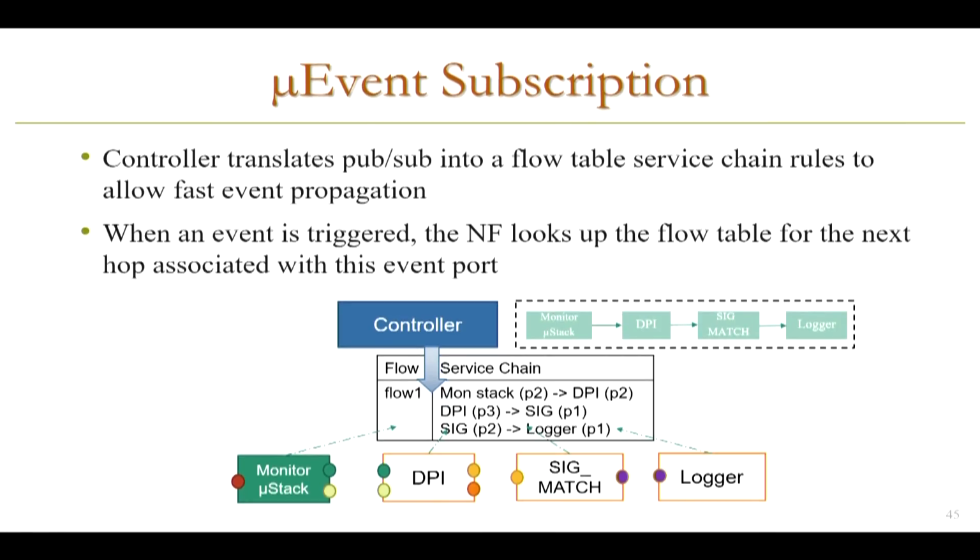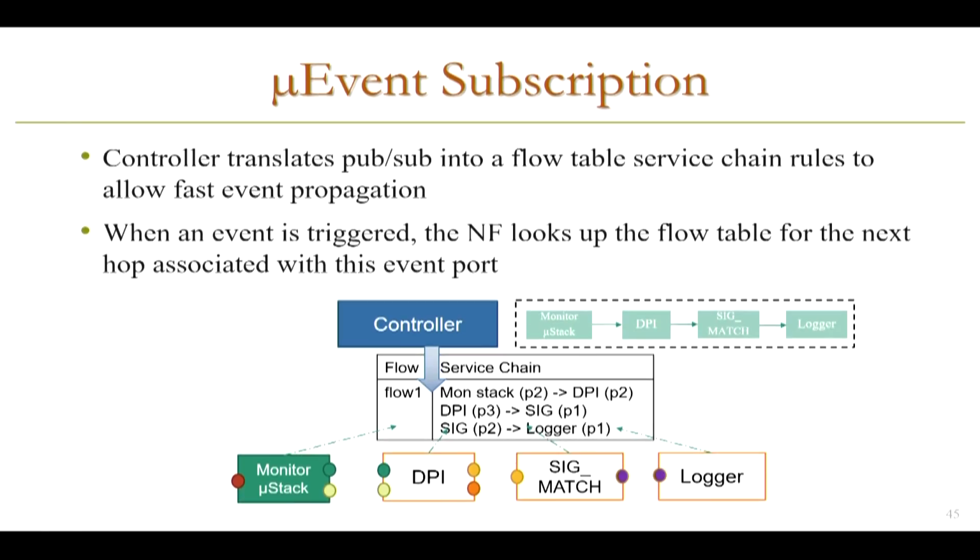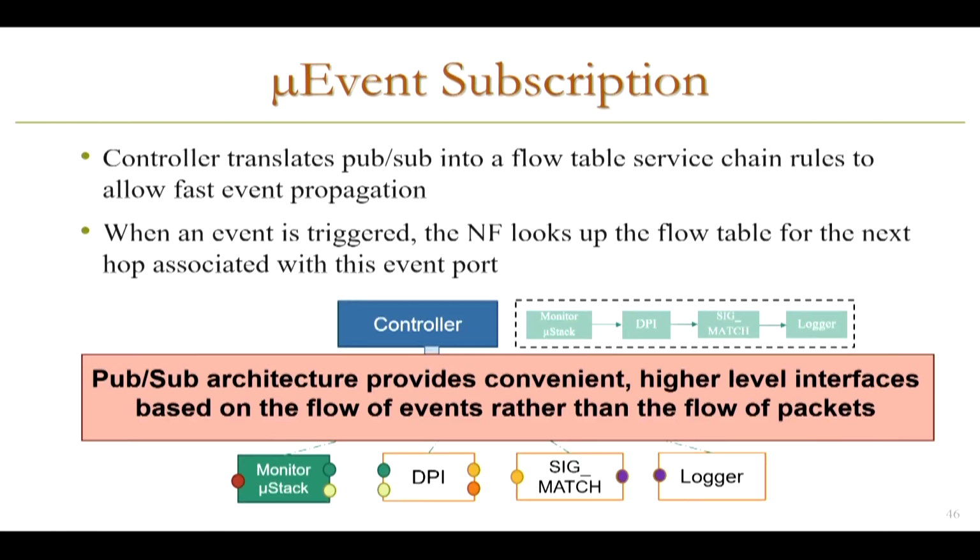Then the controller translates the pub/sub into a flow table with service chain rules to allow fast event propagation. So when an event is triggered, the NF looks up the flow table for the next hop without doing a full pub/sub lookup. And we can see the pub/sub architecture could provide convenient higher-level interfaces based on the flow of events rather than the flow of packets.